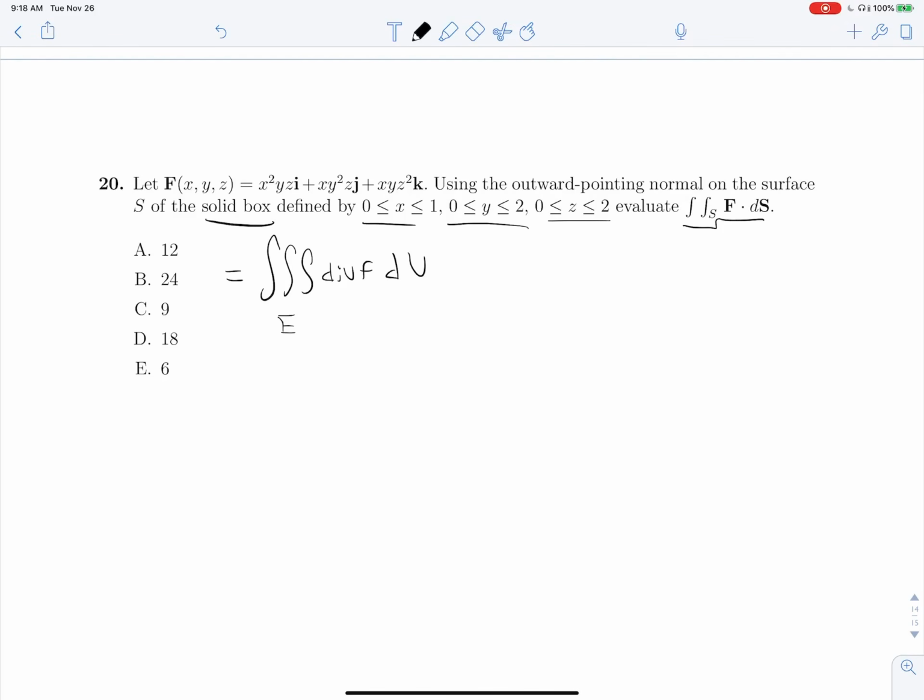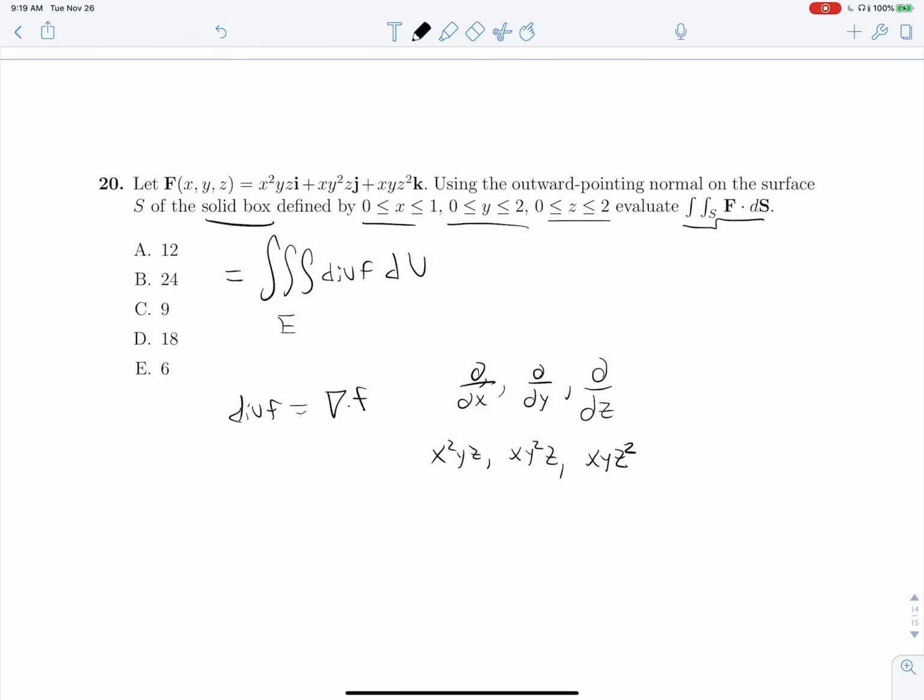But in this case, it's not so, because the divergence of f is del dot f, which we can set up as partial x, partial y, partial z, dotted with x squared yz, xy squared z, xyz squared.